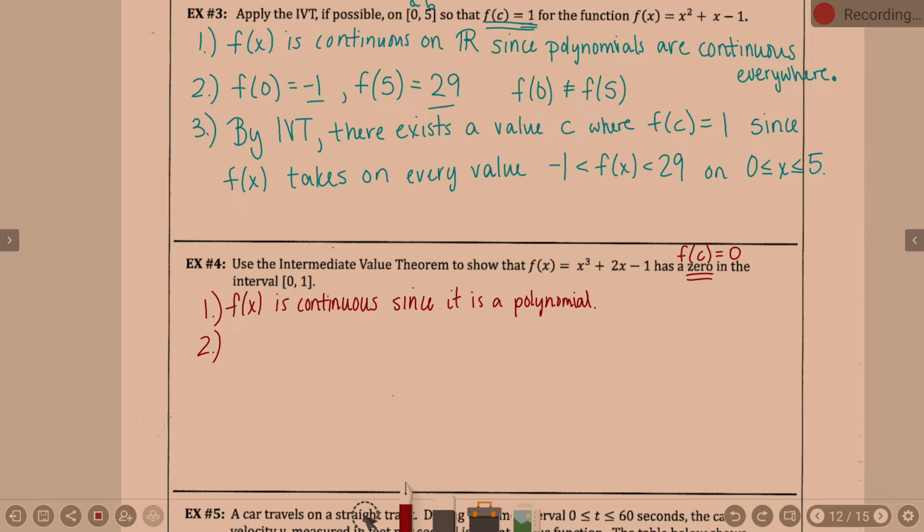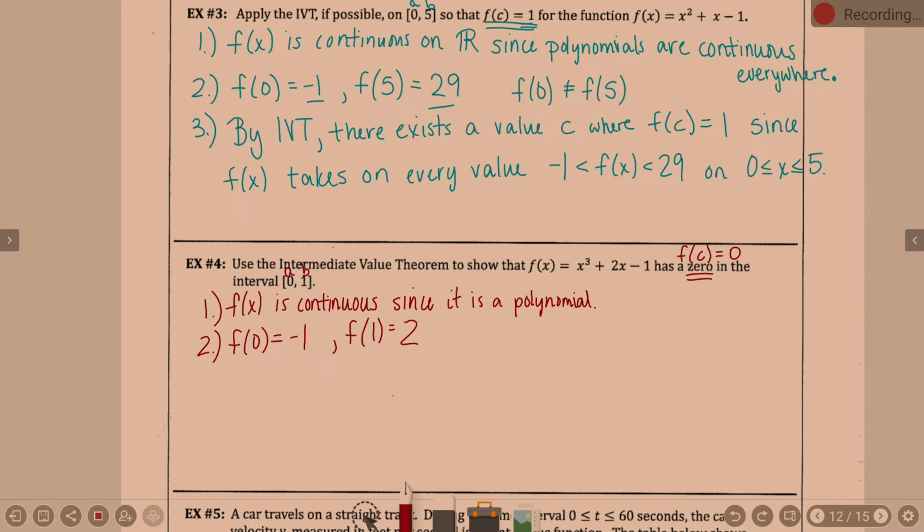What else do you want to check? f of a and f of b. Okay, which in this case means I'm checking f of 0, which is -1, and f of 1.